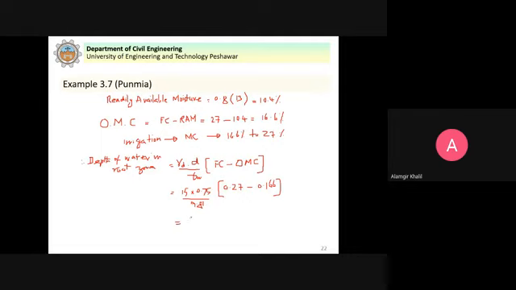So if you calculate, this will be equal to 0.119 meter, or multiply by 100, so this will be equal to 11.9 centimeter.